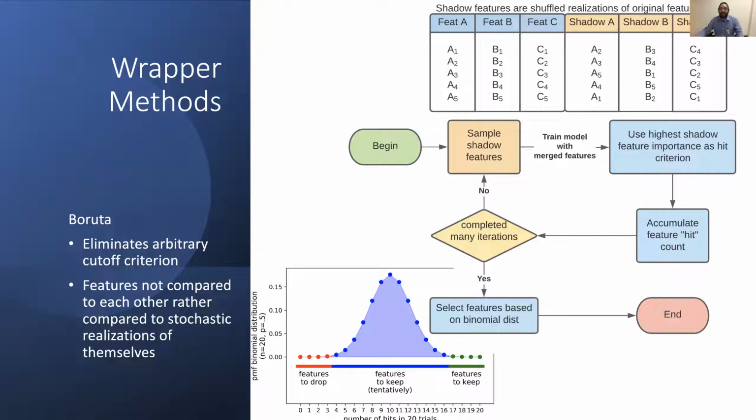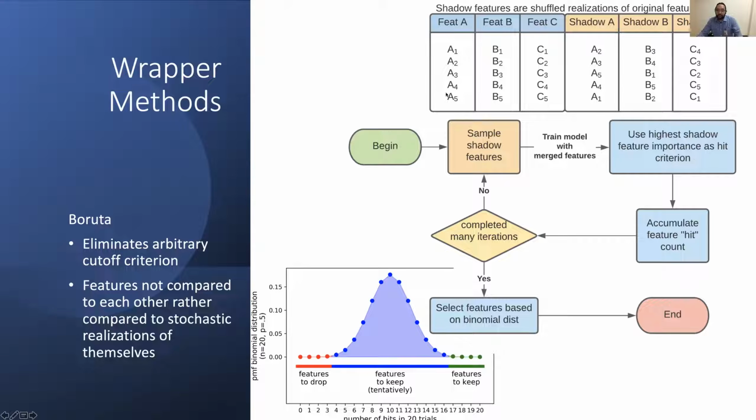That makes sense. So that does away with that first arbitrary cutoff. It naturally tells you what the cutoff is. So you use that highest shadow feature to tell you whether or not any of these features have reached significance.